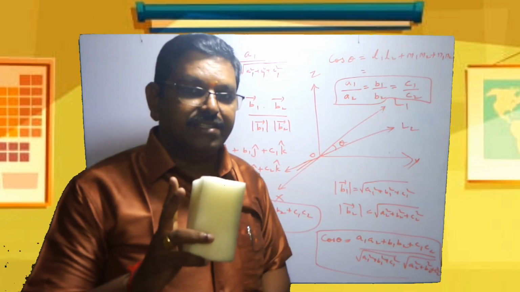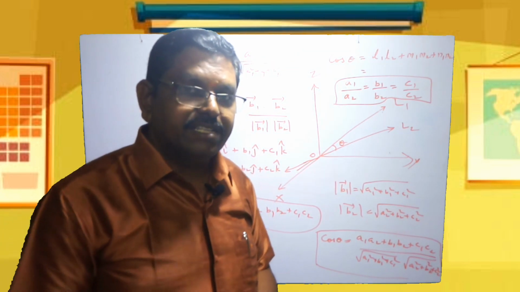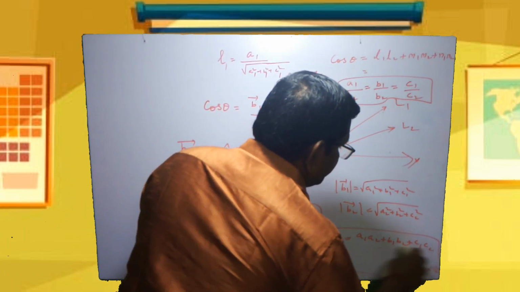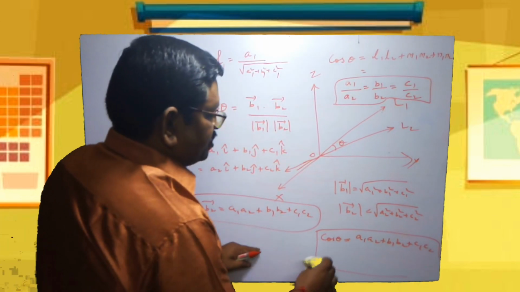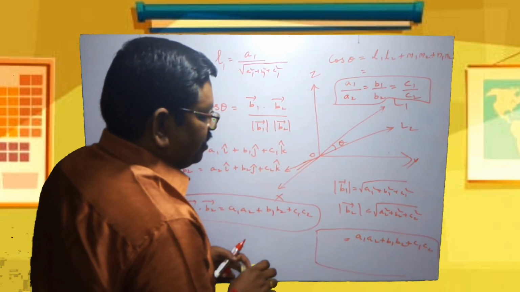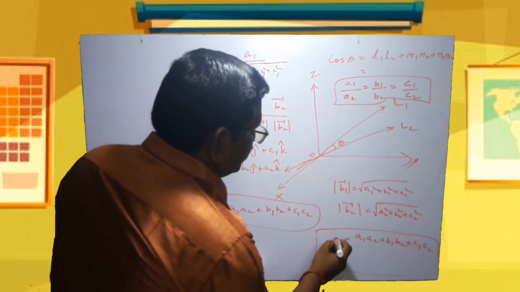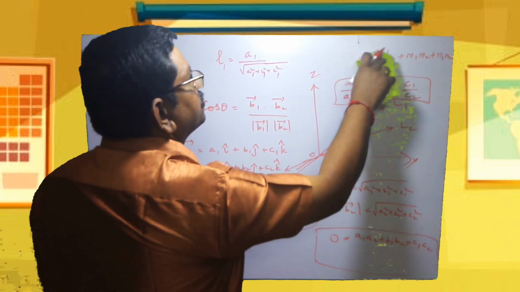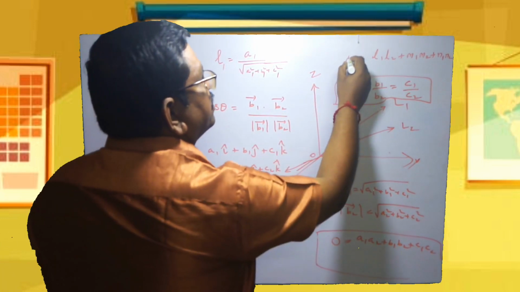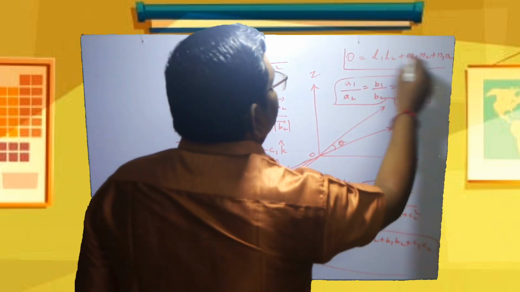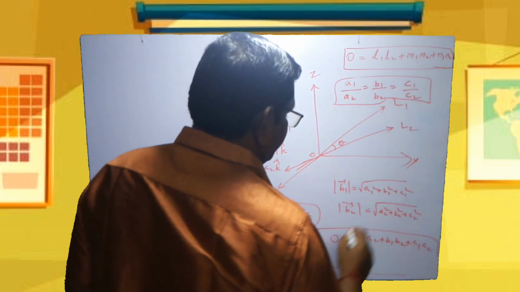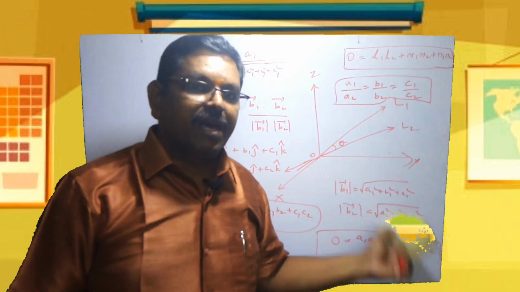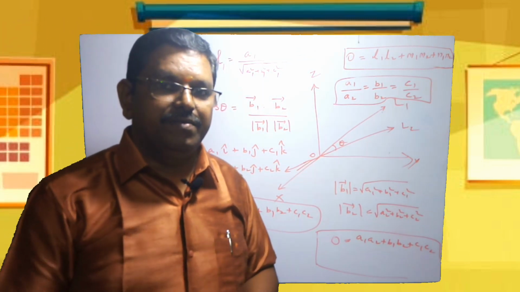So when two lines are perpendicular, the condition is a1 a2 plus b1 b2 plus c1 c2 is equal to 0, or we can say l1 l2 plus m1 m2 plus n1 n2 is equal to 0. So these formulae can be used to check whether the two lines are parallel or perpendicular.